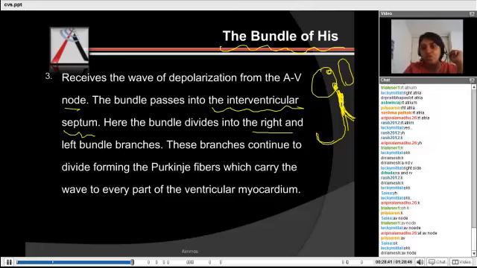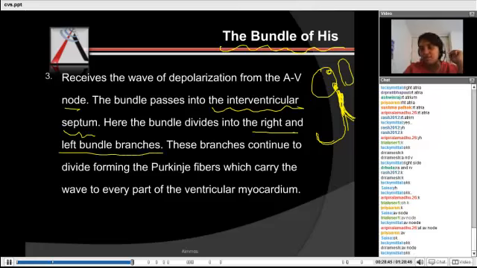Then it divides into right and left bundle branches. Here this is your bundle of His. It divides into right and left bundle branches, and then these branches continue to form the Purkinje fibers that carry the wave to every corner of the ventricular myocardium.